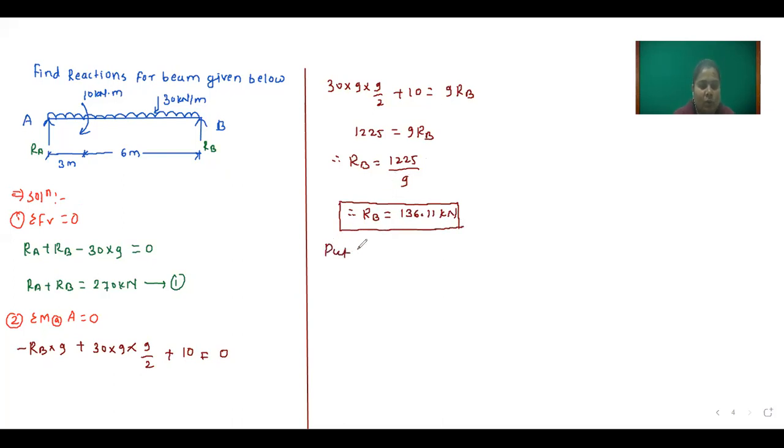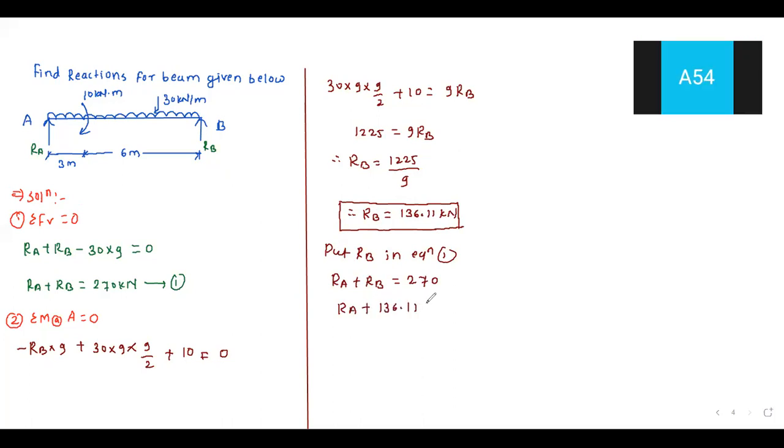So put RB in equation 1. What is our equation 1? RA plus RB equals 270. So RA plus 136.11 equals 270.